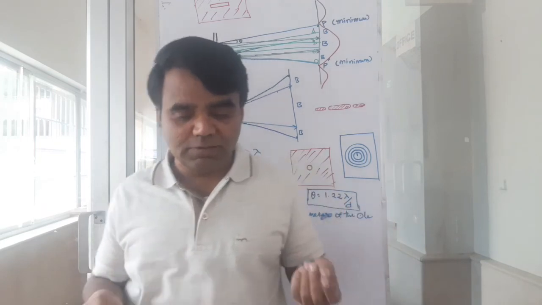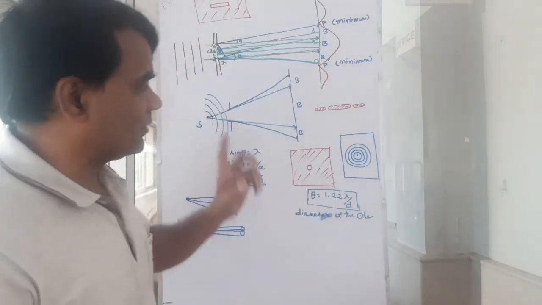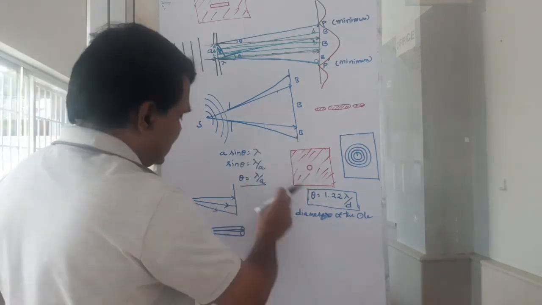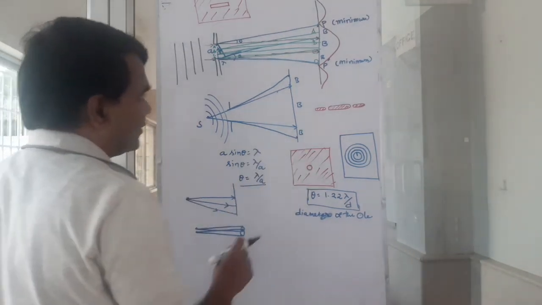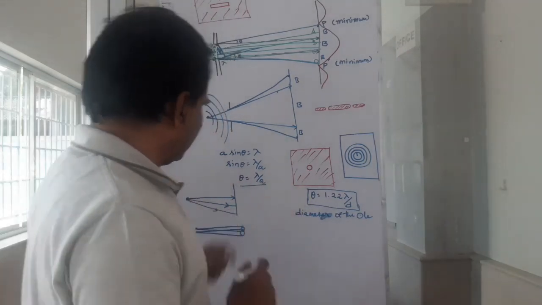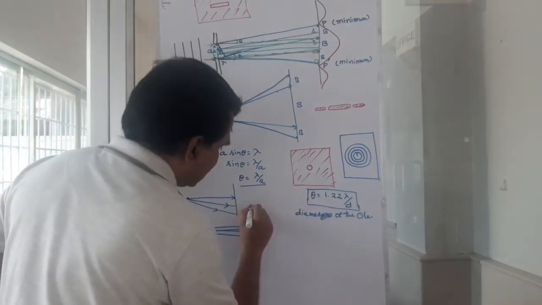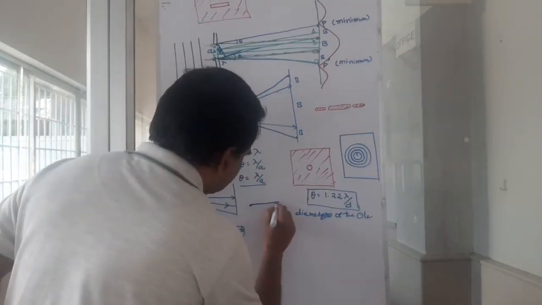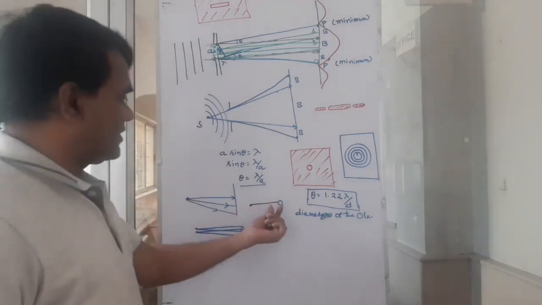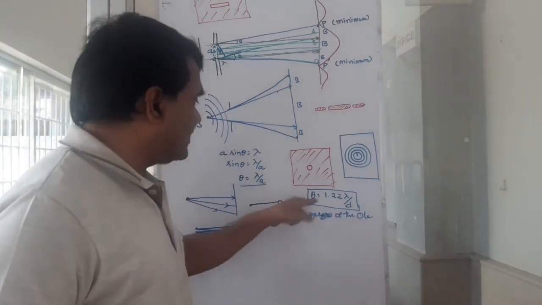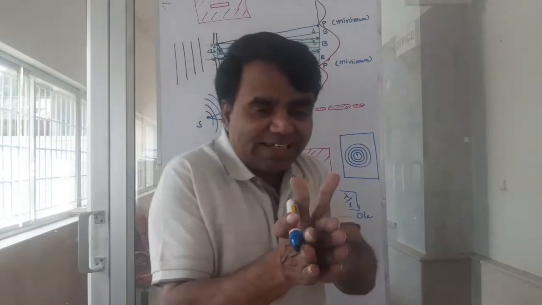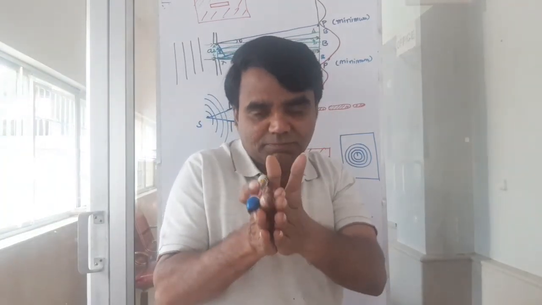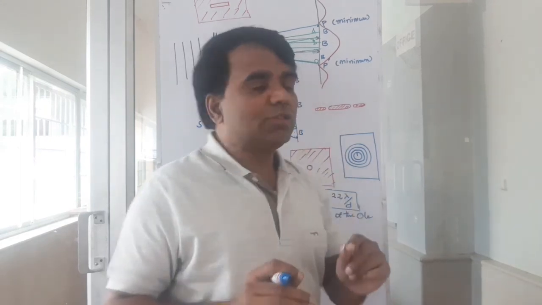So I wanted you to understand this. If this conversion, the point getting converted into a circle, is to happen with a smaller radius, then theta has to be small. So the flaring is minimum.